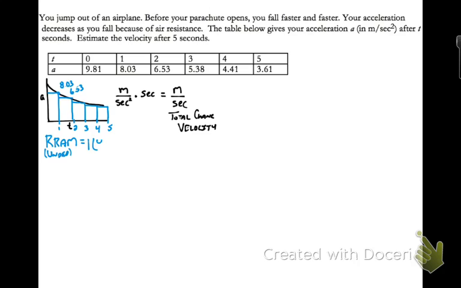So my heights are 8.03, 6.53, 5.38, 4.41, and for my fifth rectangle 3.61. So this gives me a total change in velocity of 27.96 meters per second.